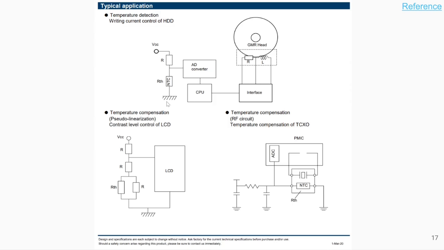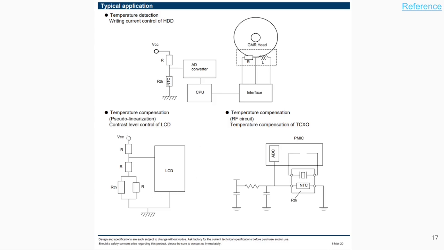Depending on what you want to do, maybe you control the speed of the head or whatever application you need, in order to have a safe read and write operation on the magnetic hard drive. GMR is the head, basically called the hard drive heads for the read and write.